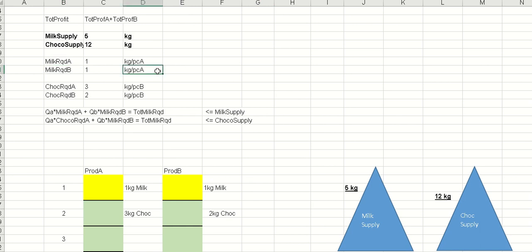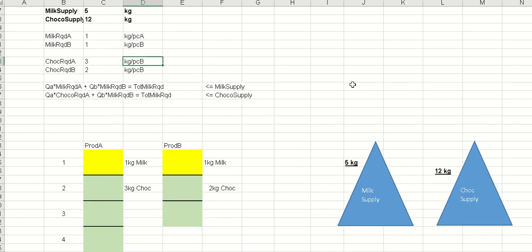And the chocolate requirement for product A is 3 kilogram per piece of product A. Actually we can just remove this since we already have the variable there. There's actually no need for this.